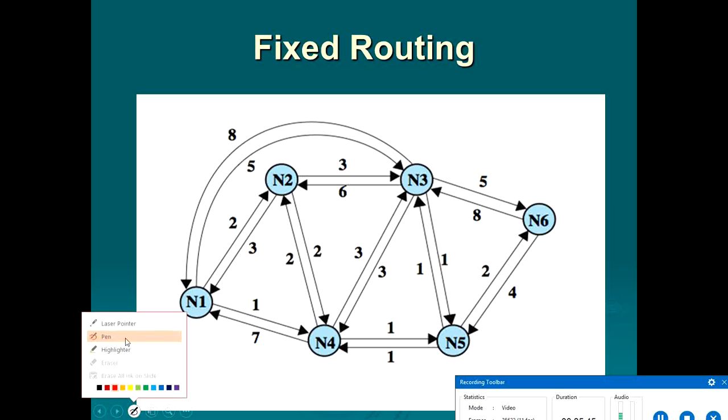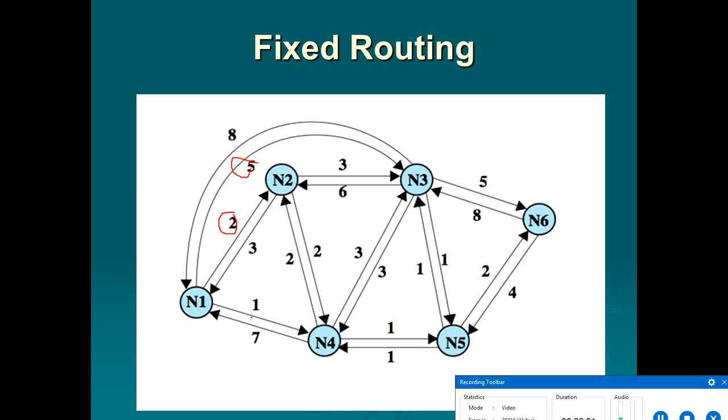Alright, now if you see over here, going from N1 to N5, let's check what is the minimum cost. I can go from N2, but this has a cost of 2. I can go from N3, it has a cost of 5. I can go from N4, it has a cost of 1. So I will select this path.